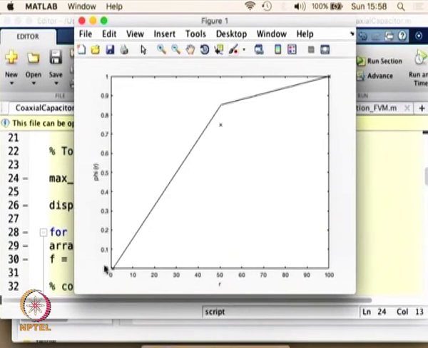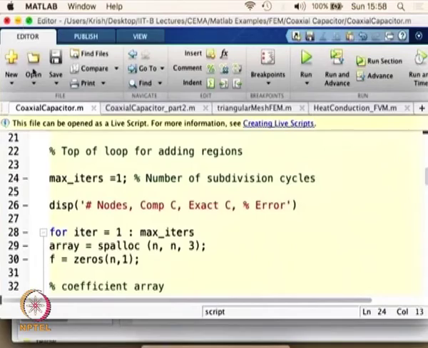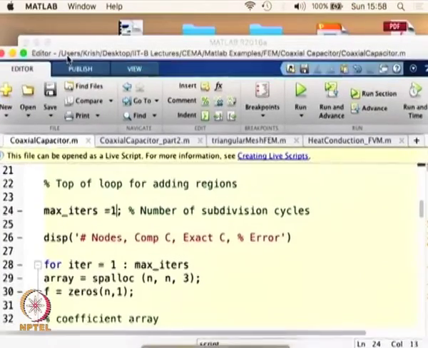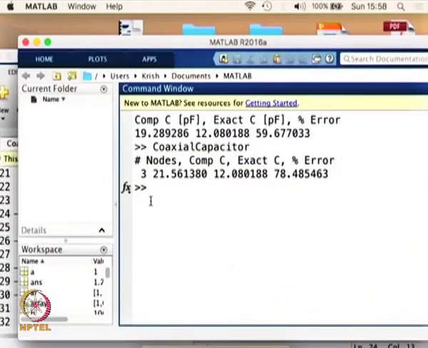So it is not giving us the nice curved line that we got, whereas we got 2 lines which have certain errors. What is interesting to see is we can see the value of the error that is being computed. So we did this calculation using the quadratic element, and this one is using the linear element.